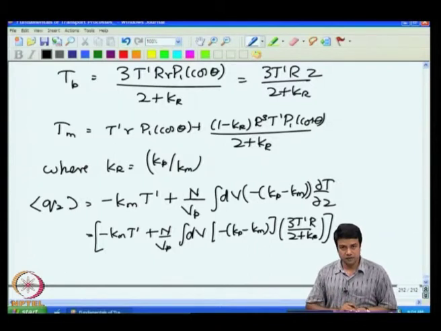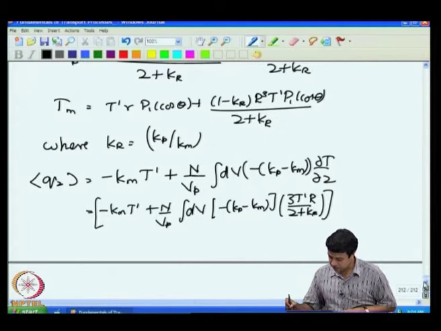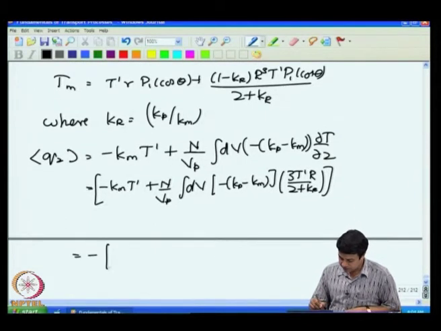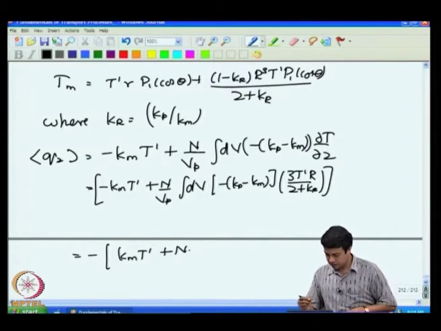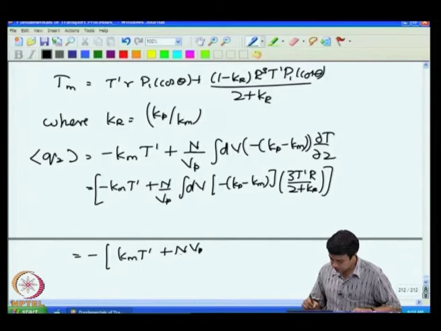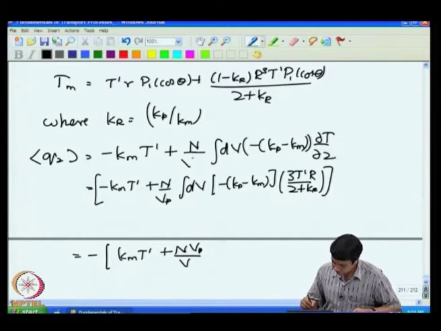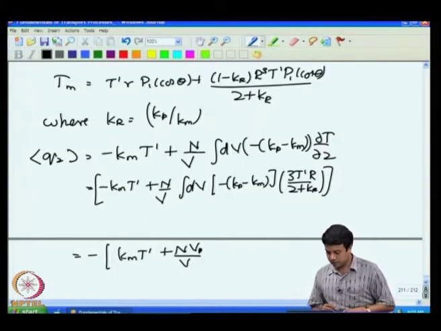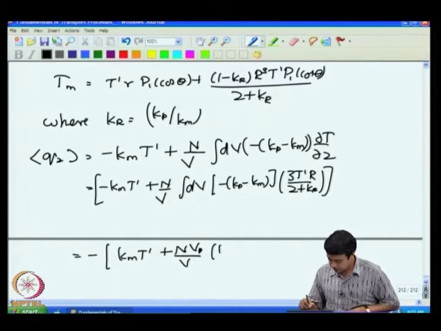It is just a constant, so I can take it out of the integral. This will give me minus of Km T prime plus n into the volume of one particle divided by the total volume, into Kp minus Km into 3 T prime by 2 plus Kr.